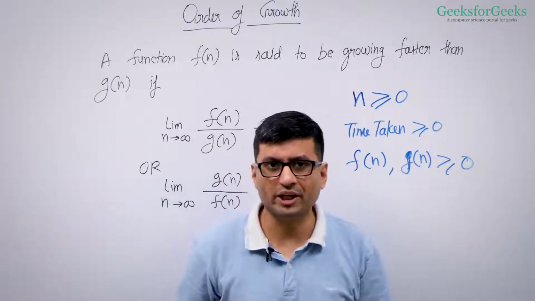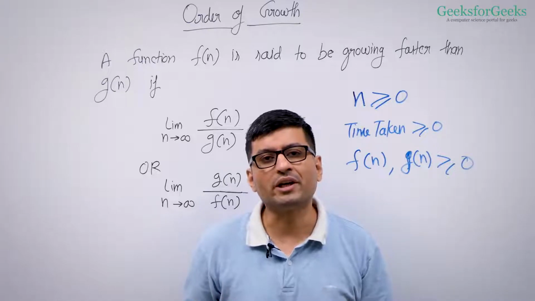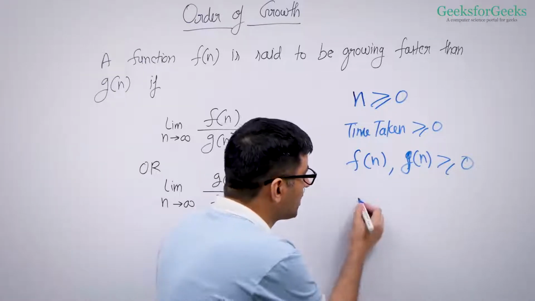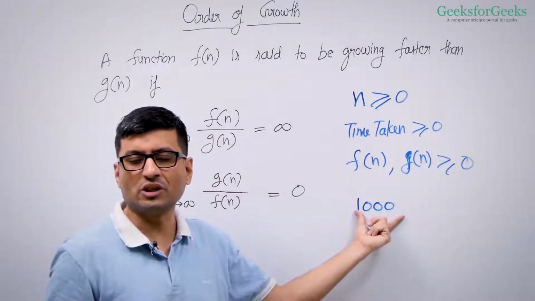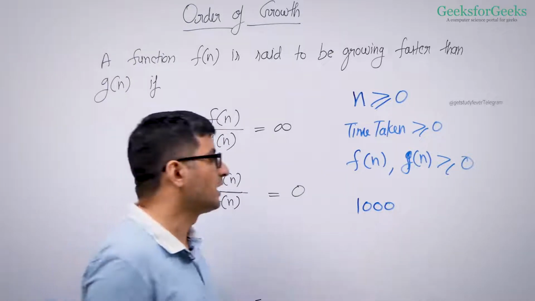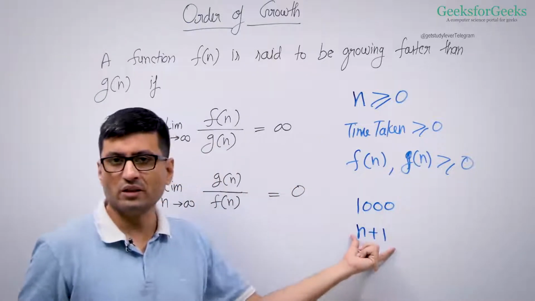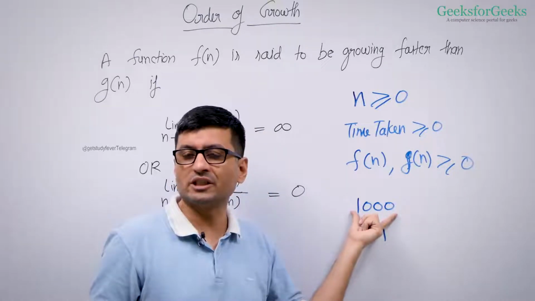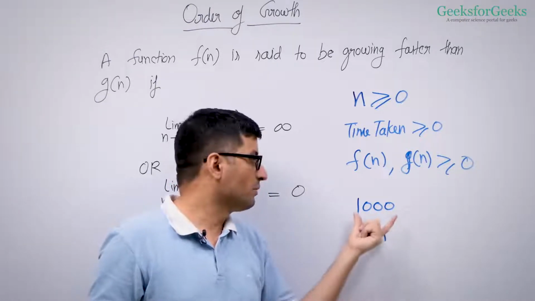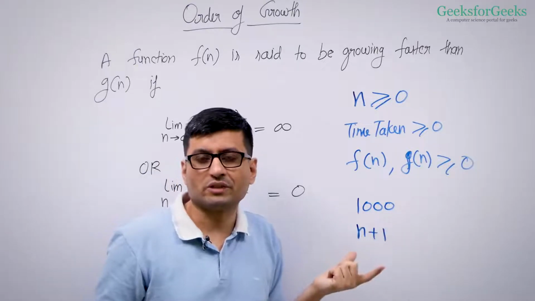However, this has some limitations. If you remember the previous example, we were comparing 1000 with n plus 1. Say an algorithm takes 1000 units of time, and there is another algorithm that takes n plus 1 units of time. This 1000 may be higher because it is probably implemented in a programming language that takes more time, or it is running on a slower machine.